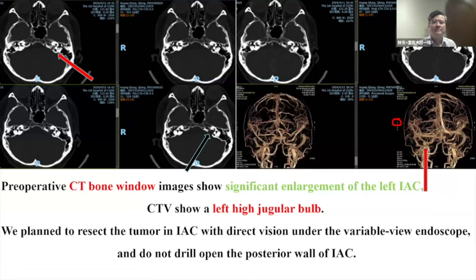CT bone window images show significant enlargement of the left IAC. CTV shows there is a left high jugular bulb. We plan to resect the tumor totally under the variable view endoscope and not drill open the posterior wall of IAC.